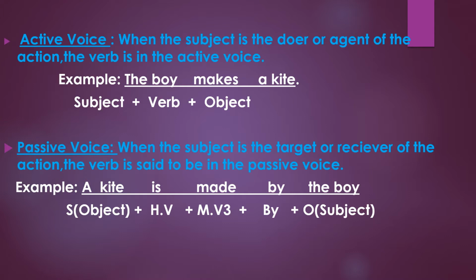In active voice, the boy makes a kite, so here the boy is the doer. And in this sentence, the kite is the receiver of the action. So where the subject is the doer, it is called active voice, and where the subject takes the place of receiver, it becomes passive voice.